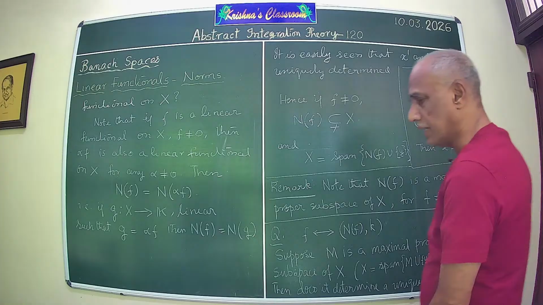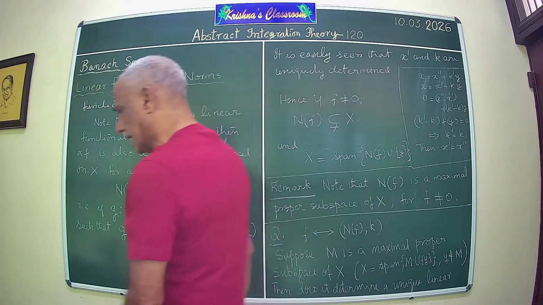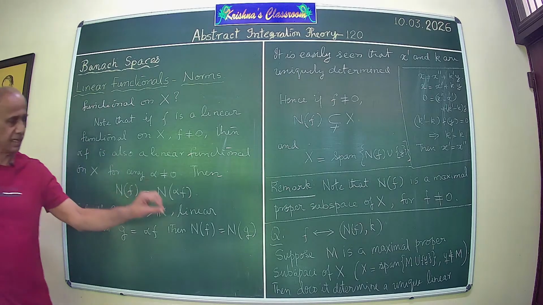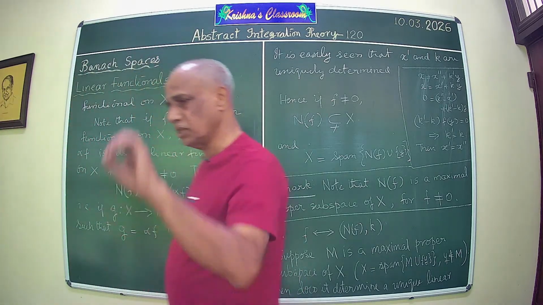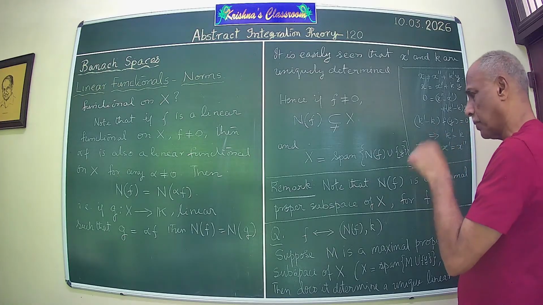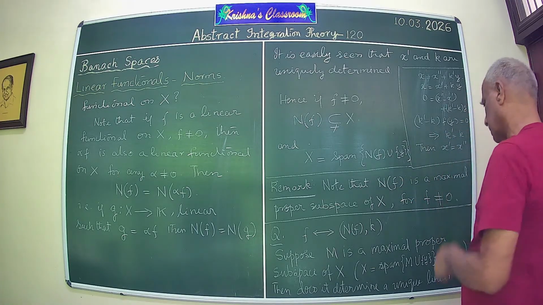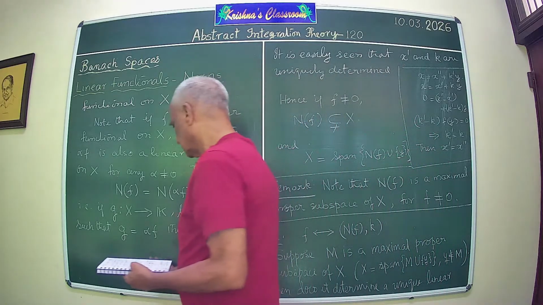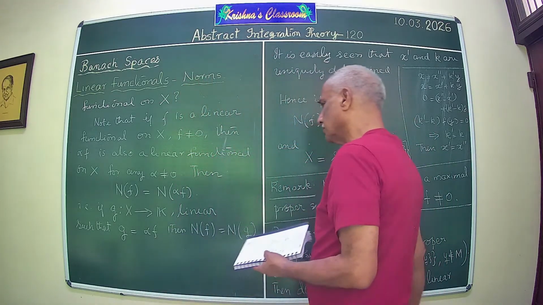But now how to make this unique? It can be made unique by choosing a vector y which is not in the space M, as well as an appropriate scalar value k. Right.